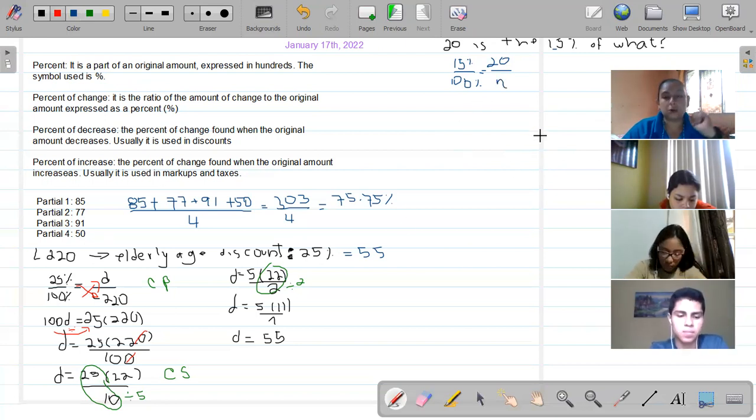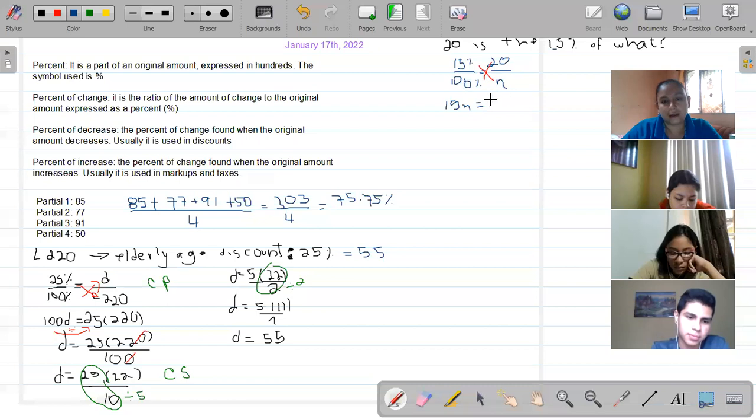And again, we're going to do cross product, so means with means and extremes with extremes. And what do I have? I've got now 15n, because 15 times n is 15n, equals 20 times 100. I pass the 15 before doing anything else to the other side, dividing.